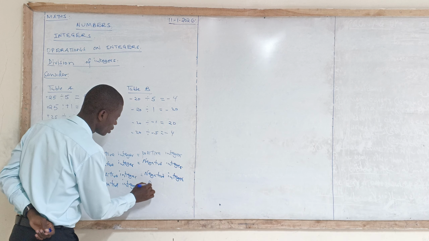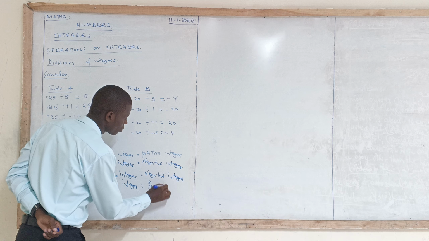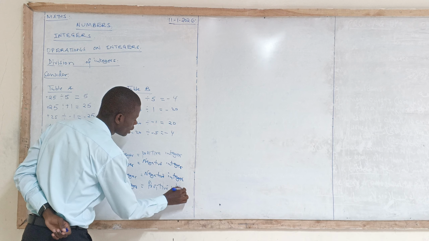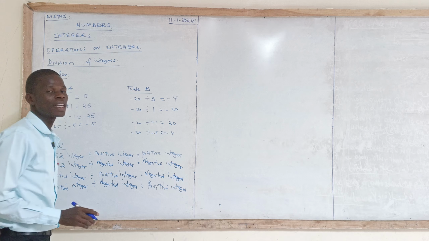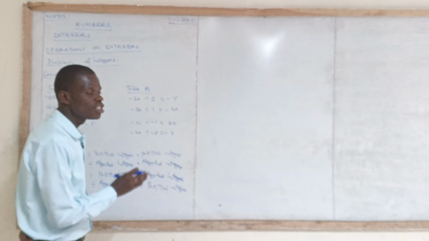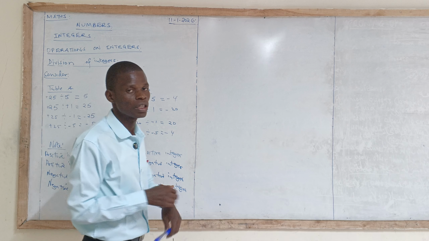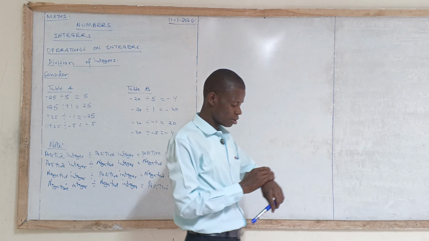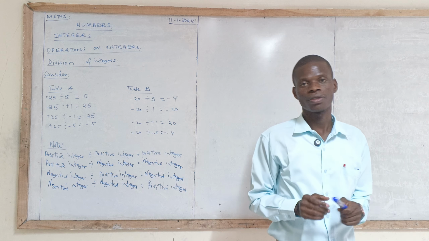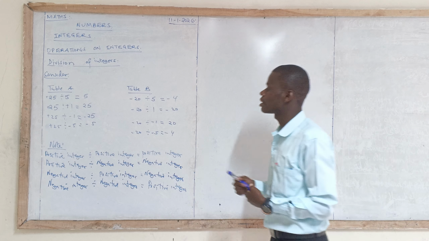I should have positive integer. Perfect. You just need to understand the opposite of multiplication. The opposite of multiplication is division. That is what you need to understand.